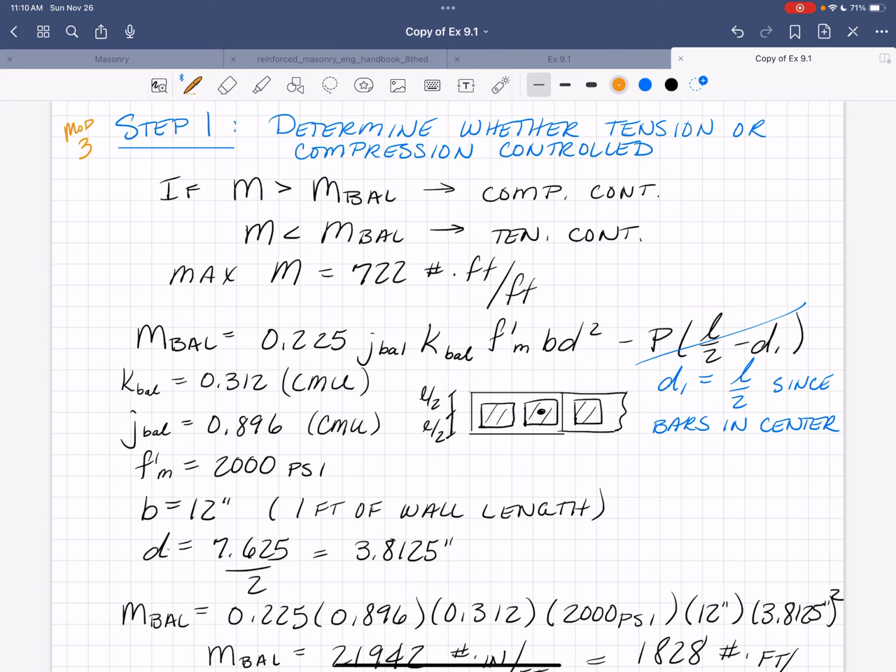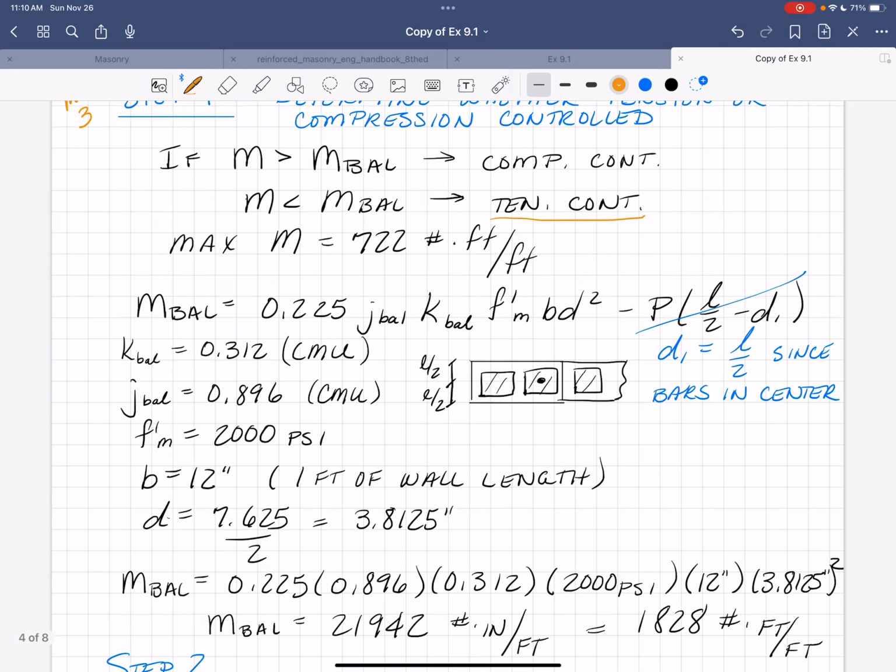It just means somebody messed up somewhere. We're going to check this, but you can only use modified method 3 for tension control. If it's compression controlled, you have to go back and use the standard method 3. But this is the case that's going to cover the most choices.